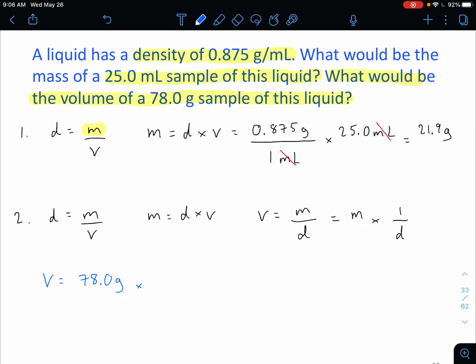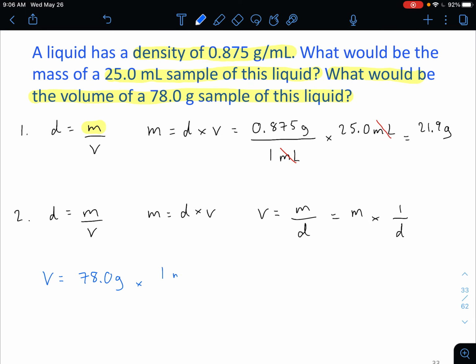I can either go from grams to milliliters or from milliliters to grams, depending on what it is I'm trying to do. So rather than writing 0.875 grams over 1 milliliter, I'm going to write 1 milliliter over 0.875 grams. So I'm following what the equation tells me, right?